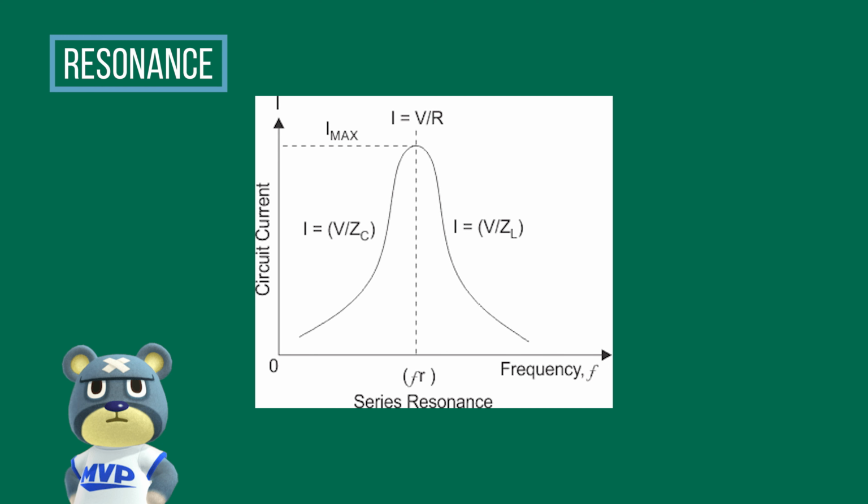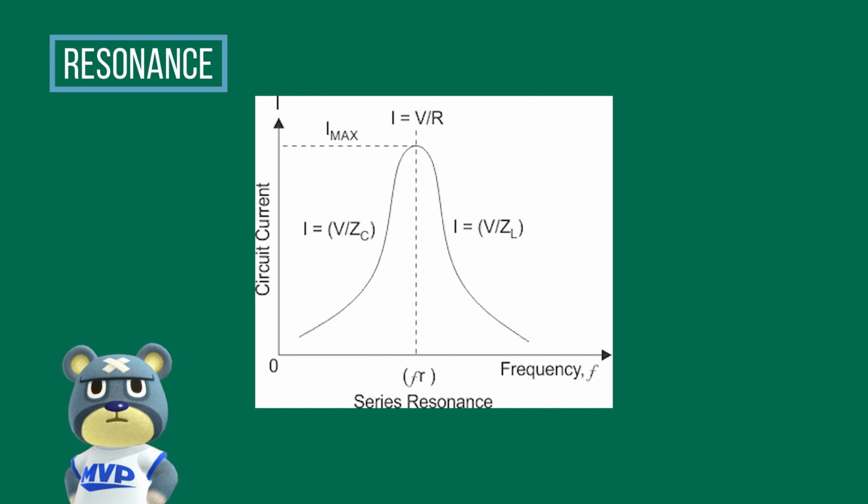Resonance current. In this figure, in a series RLC circuit, the total voltage is the phasor sum of the voltages across the resistor, inductor, and capacitor. At resonance in a series RLC circuit, inductive and capacitive reactance cancel each other, and we know that in a series circuit the current flowing through all the elements is the same, so the voltage across the inductor and capacitor is equal in magnitude and opposite in direction, and thereby they cancel each other.